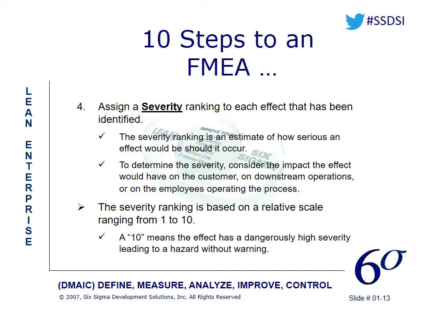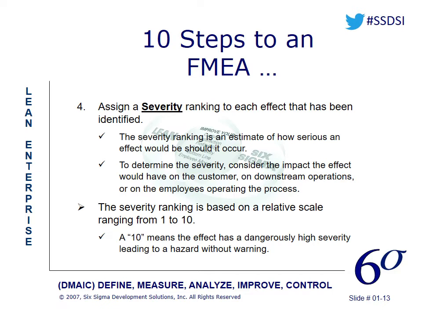So the severity ranking is really an estimate of how serious an effect would be should it occur, and that comes from that potential failure effect column, which is to the left of that severity. Now, severity ranking is really based on, in most cases, a 1 to 10 scale.